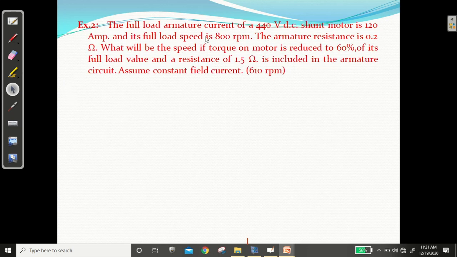Full load armature current is given. A 440 volt DC shunt motor has full load armature current of 120 ampere. So again DC shunt motor is given. So I'm going to draw the DC shunt motor.